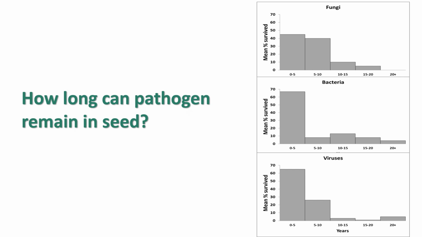On this slide, you can see the survival of different groups of pathogens in and on seeds over time. Starting with the fungi on the top, many fungal pathogens survive 5 to 10 years, with around 40-45% still viable in this period. However, their survival drops significantly after 10 years, and only a very small portion persists above 15 years.